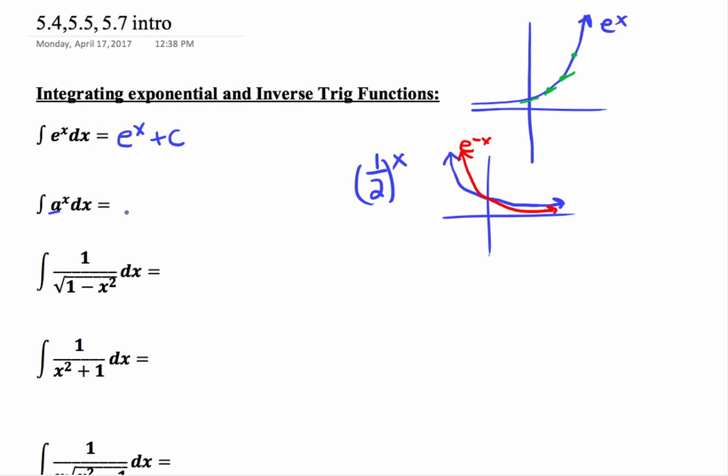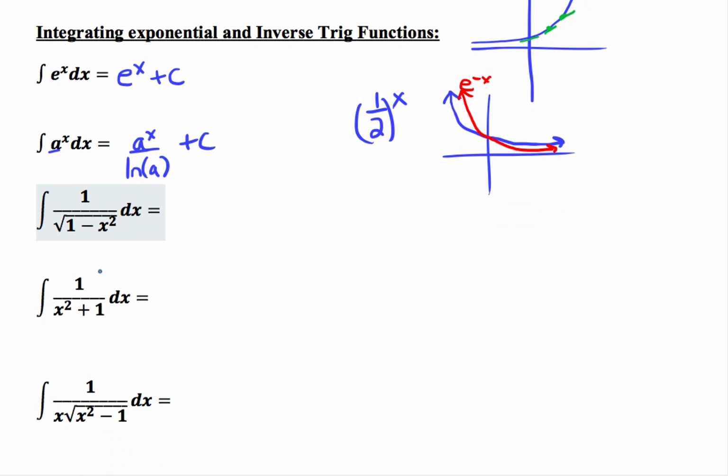We need to compensate for that stretch factor. So we're still going to get that exponential function back plus c, but in order to compensate, instead of multiplying by the natural log of the base, we're going to divide by the natural log of the base. So really, that 1 that I wrote is unnecessary. Let's just take it out. And there you go. Pretty simple. It's just the derivative in reverse, compensating for the multiplication by division.